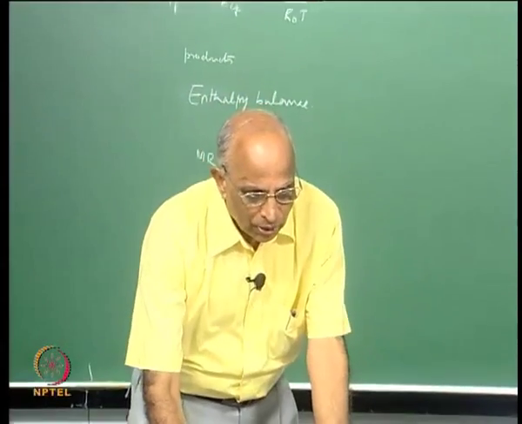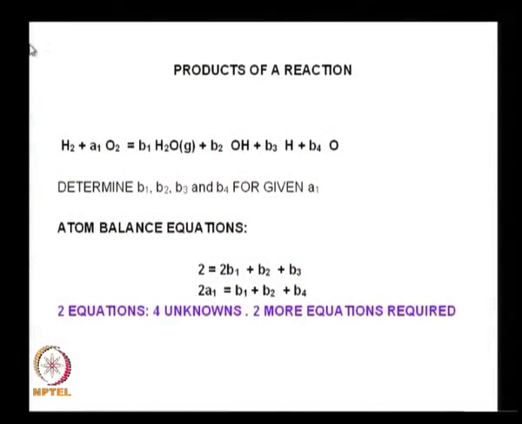Now to be able to get B1, B2, I must make the atoms on the left hand side equal to the atoms on the right hand side. I have 2 atoms of hydrogen, which on the right hand side I get as 2 B1 plus 1 atom here B2 plus 1 atom here B3.